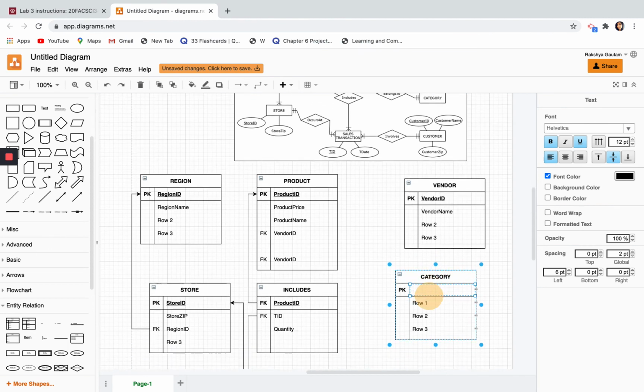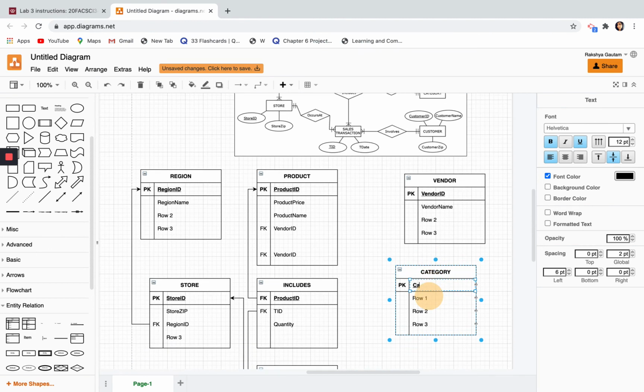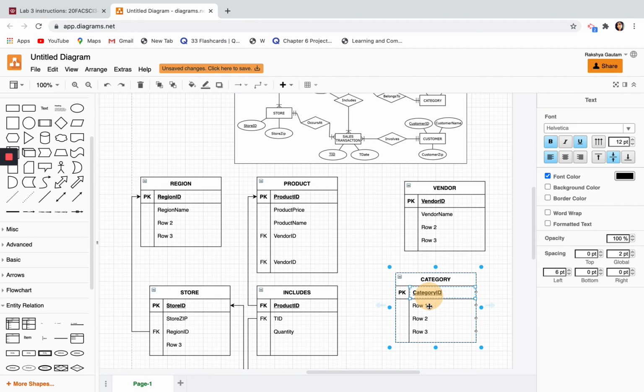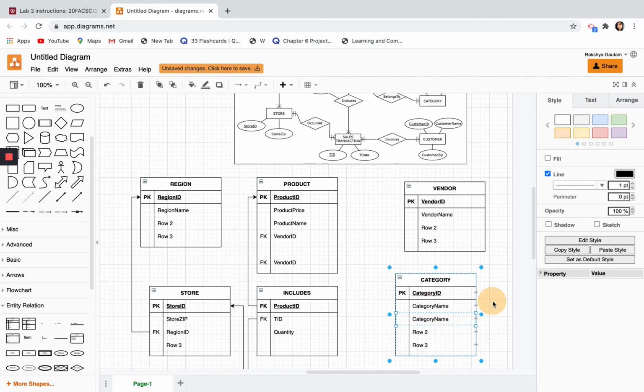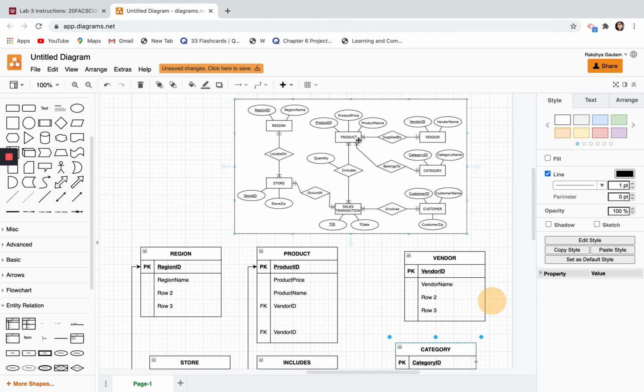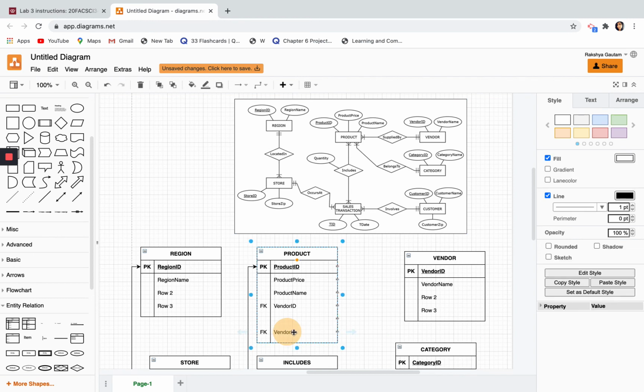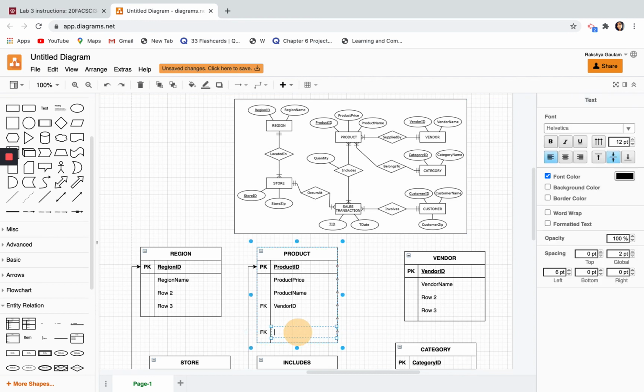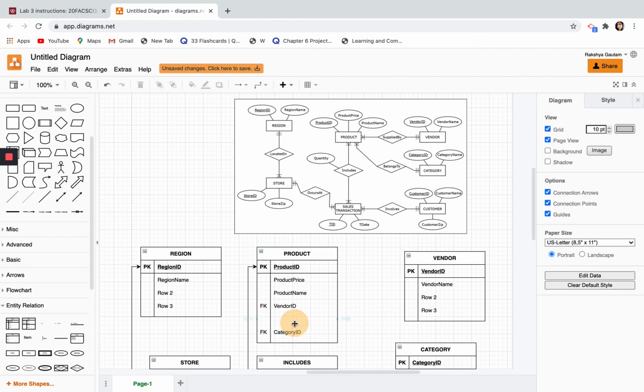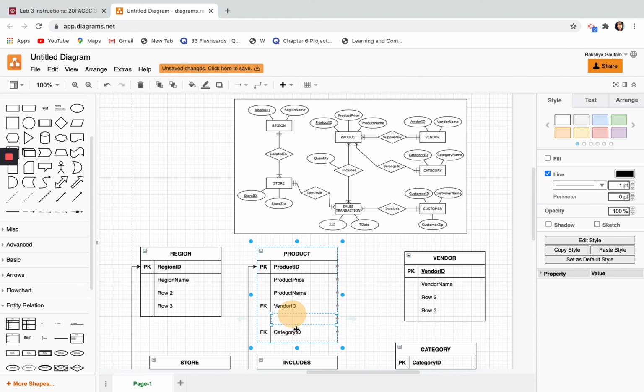It has category ID as a primary key, and category name as its attribute. Product also has the information about the category, so category ID will also act as a foreign key for the product.